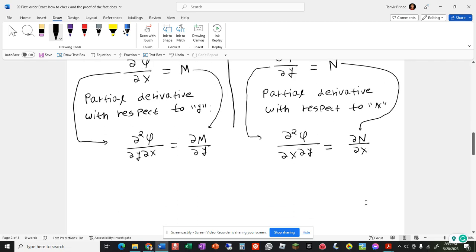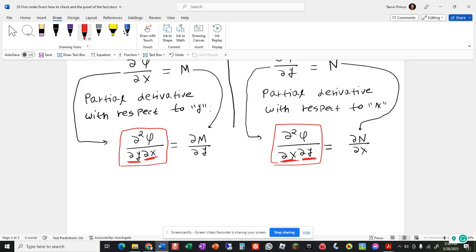So from the mixed derivative theorem from calculus 3, you know that the order of the partial derivative does not matter. If I take the partial derivative with respect to x and then with respect to y, I will get the same answer if I first take the partial with respect to y and then with respect to x.